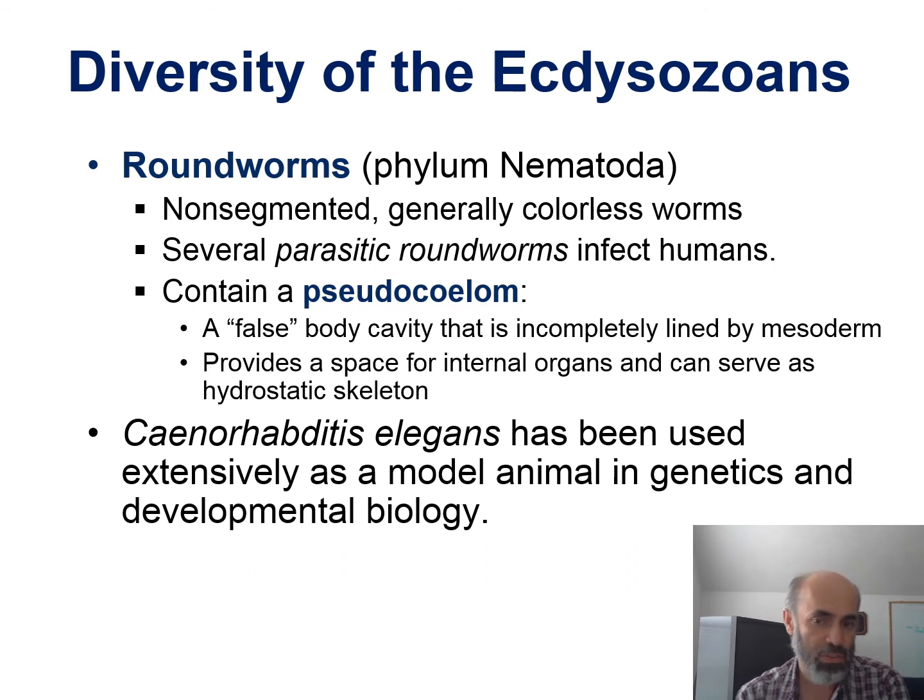C. elegans is the commonly known nematode that you might have heard of in SpongeBob also. It has been used as a model system in genetics and developmental biology because their whole body consists of less than 1,000 cells. So they are pretty neat.